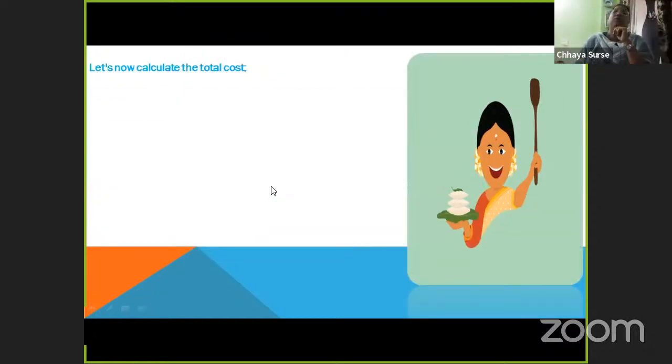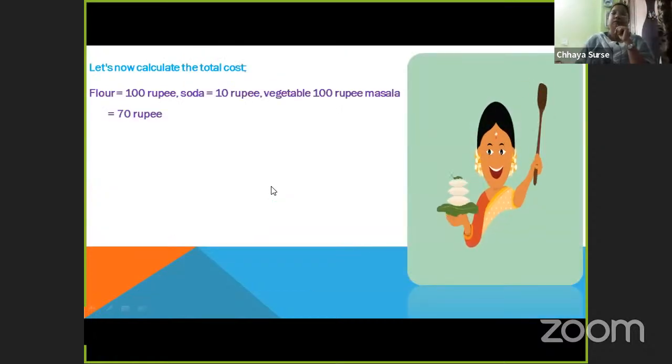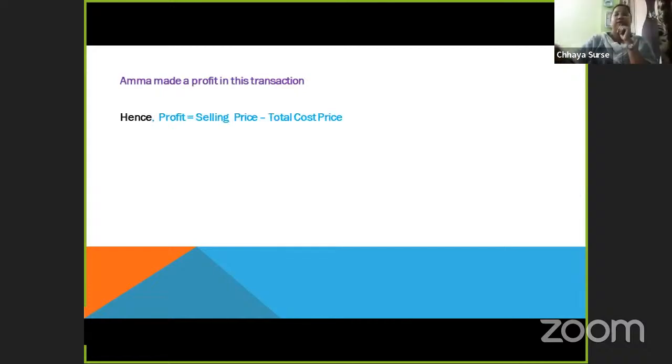Which is more? The selling price is more, because all the idli sold for 530 rupees. So if the selling price is greater than the total cost price, we get a profit. So Amma got the profit.